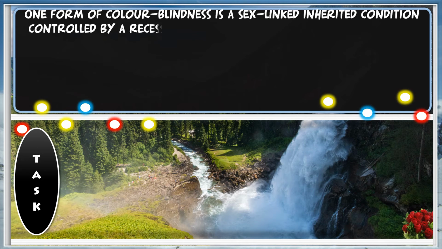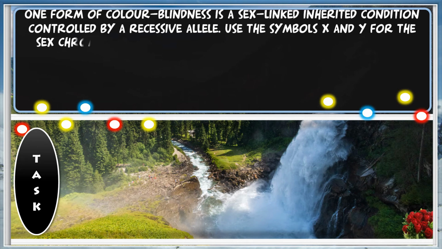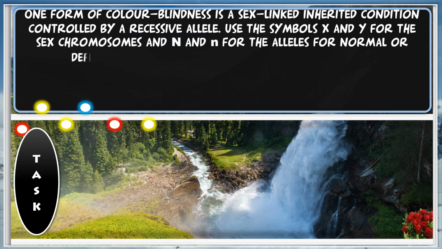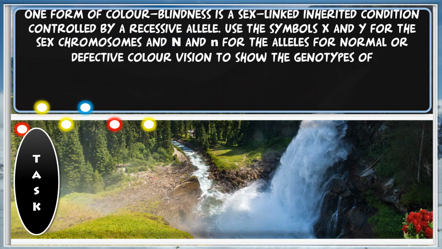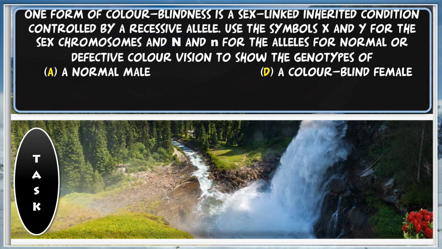One form of color blindness is a sex-linked inherited condition controlled by a recessive allele.